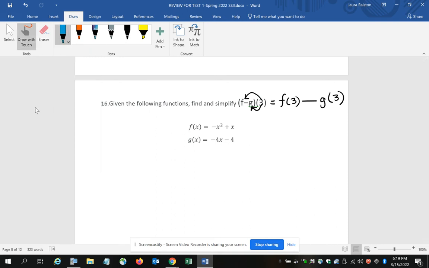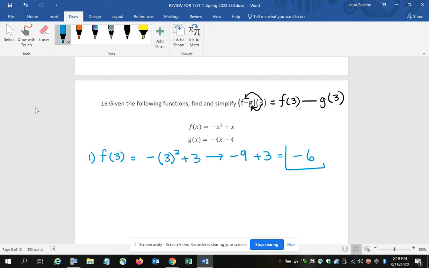The first thing I'm going to do is find f at 3. Plugging and chugging, but be careful, we have the opposite of 3 squared plus 3. 3 squared is 9, but the opposite is negative 9 plus 3, which gives us negative 6. Watch your signs.